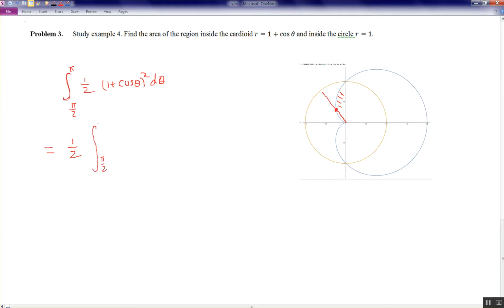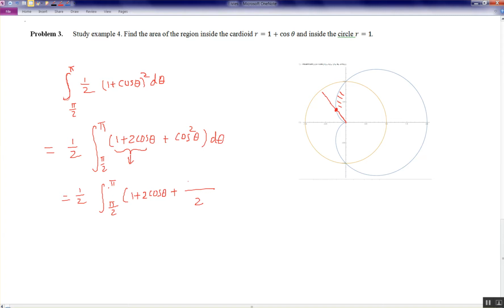Pi over 2 to pi, this is 1 plus 2 cosine theta plus cosine squared theta d theta. Okay, and let's find this. The antiderivative of these two is straightforward, but for the very last piece, we need to use the half angle formula again. So let's do that before we integrate these two.